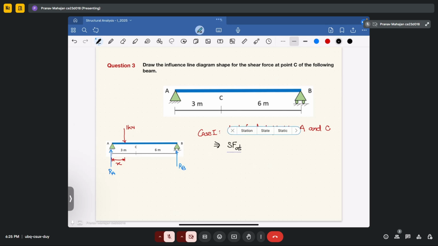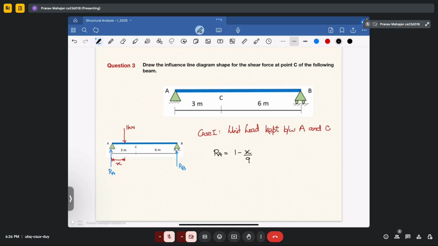First, how will you determine the reactions? You directly apply this. If this is h, that means the other length will be 9 minus h. Okay, so your RA, how will you define it? You will find it to be 1 minus h upon 9.